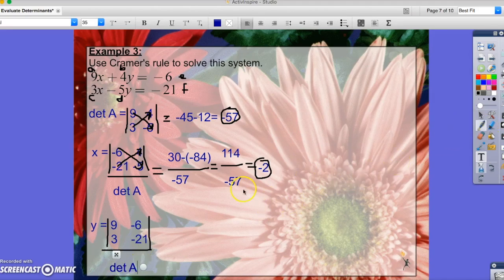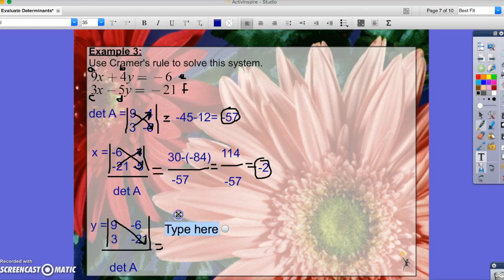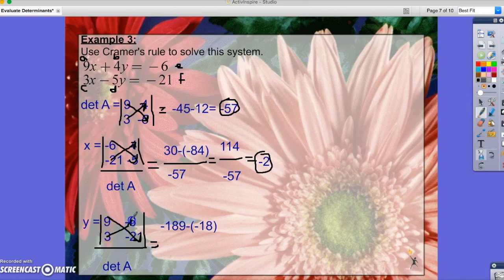All right. So let's do the same thing again. I go down diagonal first. 9 times negative 21 is negative 189, minus the up diagonal, which is negative 18, 3 times negative 6, over determinant A, which is negative 57.